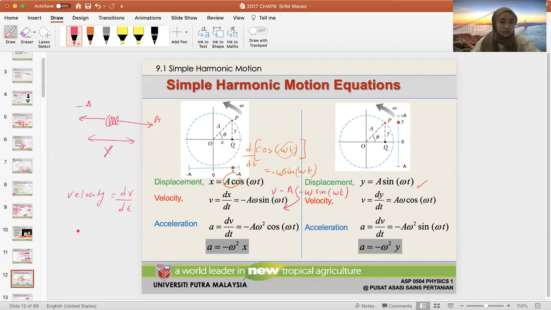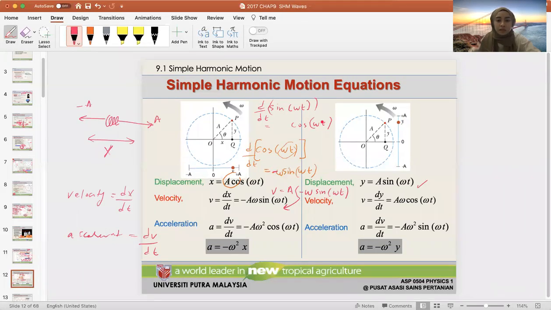Okay, so sama juga, acceleration is the differentiation of v with respect to t. Differentiating sine gives you cosine. You differentiate what is inside. You have to take out the omega. So sekejap, saya tulis kat sini. D dt of sine omega t with respect to t gives me cosine omega t, is a positive, tadi tu negative.